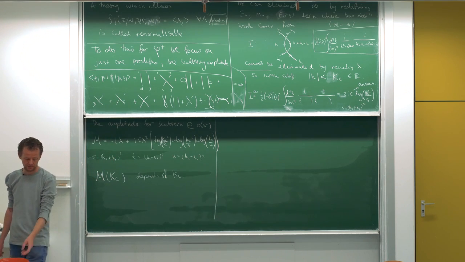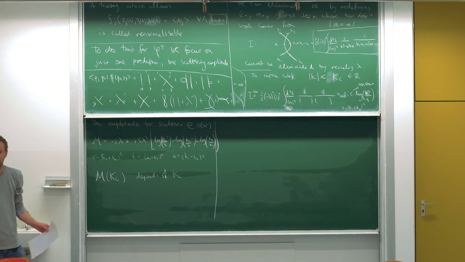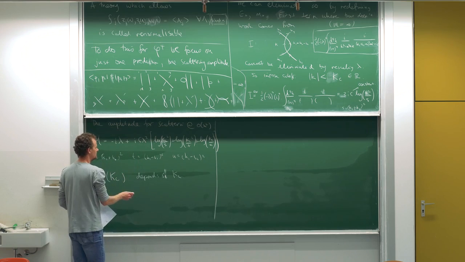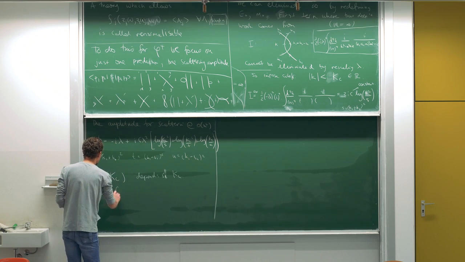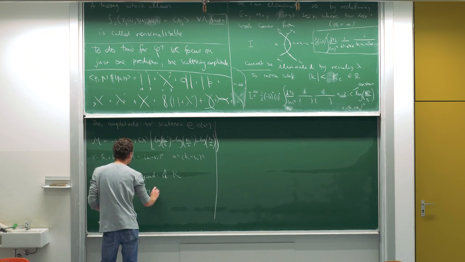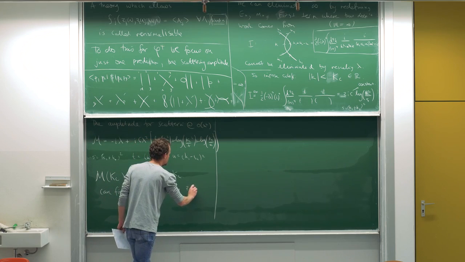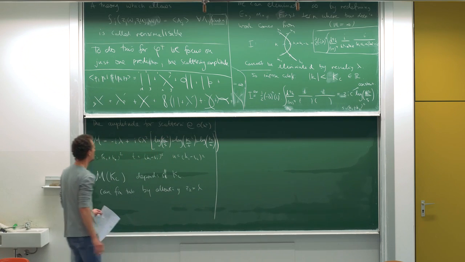And this way out is to say that our explanation can be made fixed by allowing this free parameter Z2 equals lambda to depend on K_C.